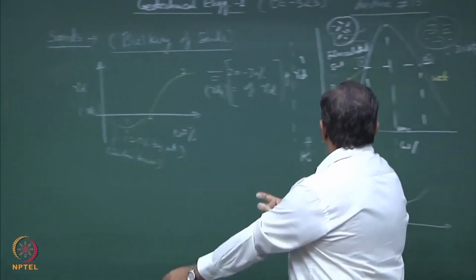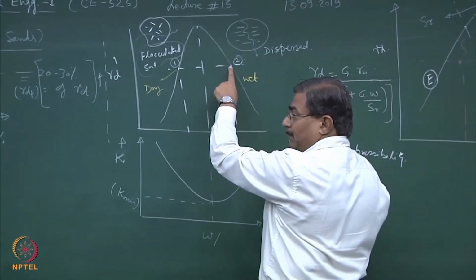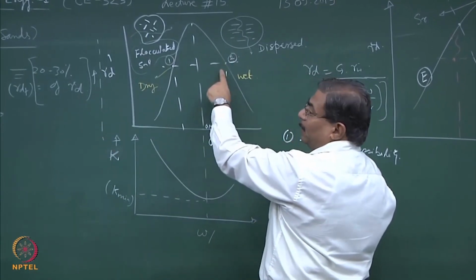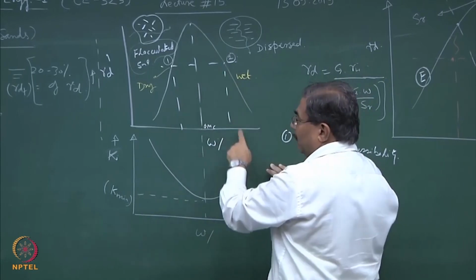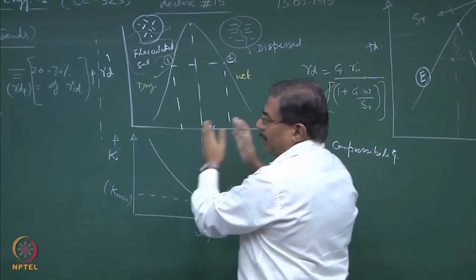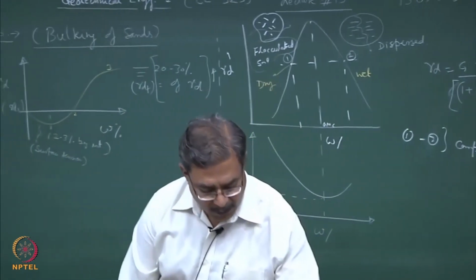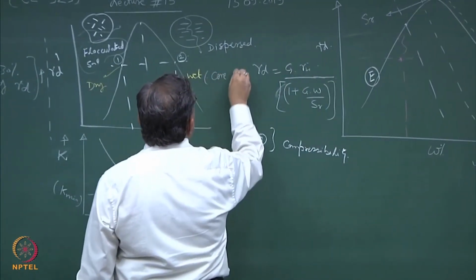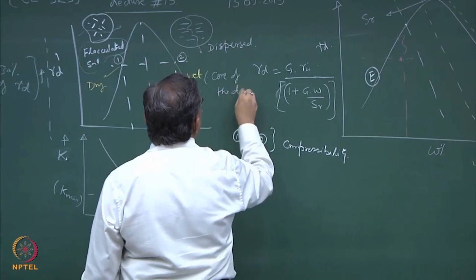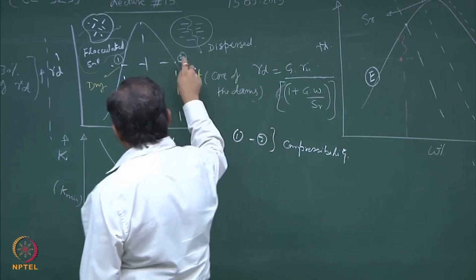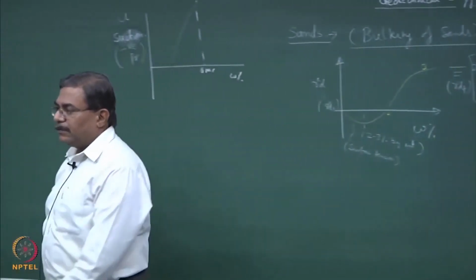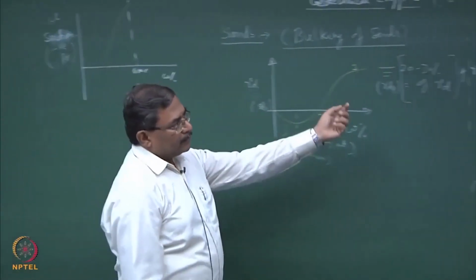So, the best way would be to go to the wet of optimum, there is no suction getting developed, the volumetric deformations are going to be extremely less when you are dealing with the wet state of the material. So, core of the dams are mostly compacted at the wet of the moisture content for the same gamma d. This is okay.